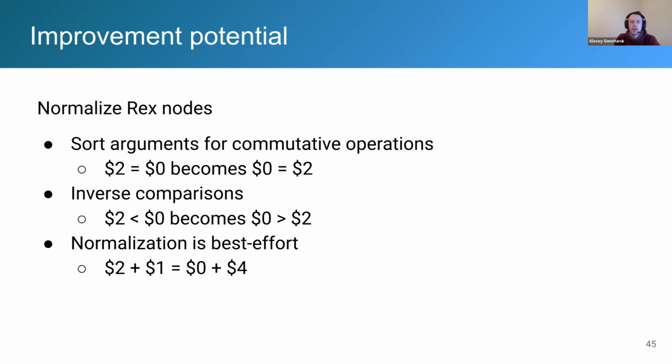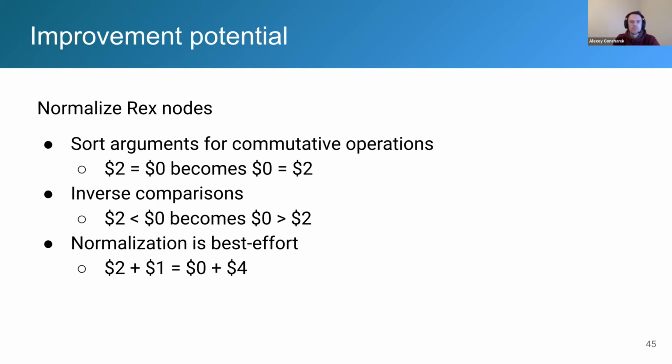So for equality, you can immediately use commutativity. For inequalities, you often can flip the operators and change the operator itself. And if you have multiple join conditions in a relational node, then you can also sort those conditions, for example, by first input, then second input. So essentially do some lexicographical ordering.